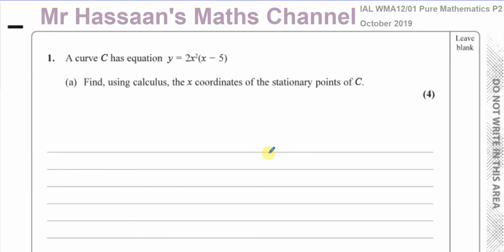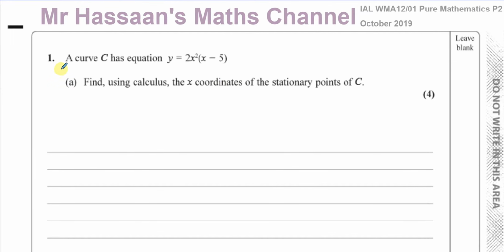I'm going to use blue just to give some contrast to the colors in my videos, but in your exam you have to use black ink and a dark pencil.